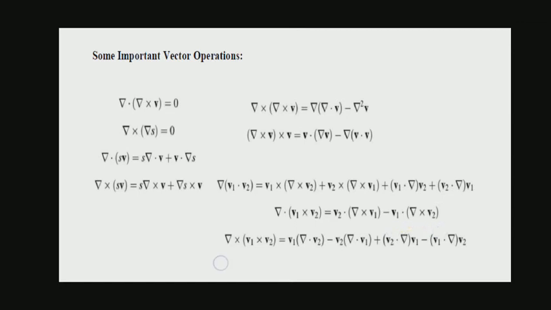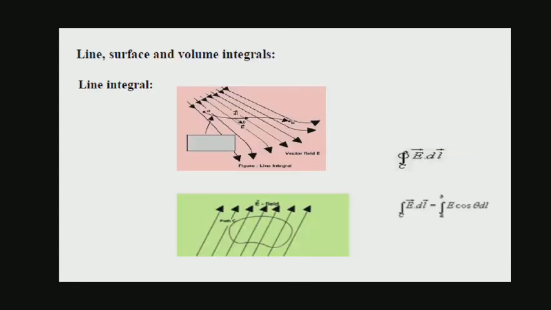So del cross v1 cross v2 is equal to v1 into del dot v2 minus v2 into del dot v1 plus v2 dot del into v1 minus v1 dot del into v2.